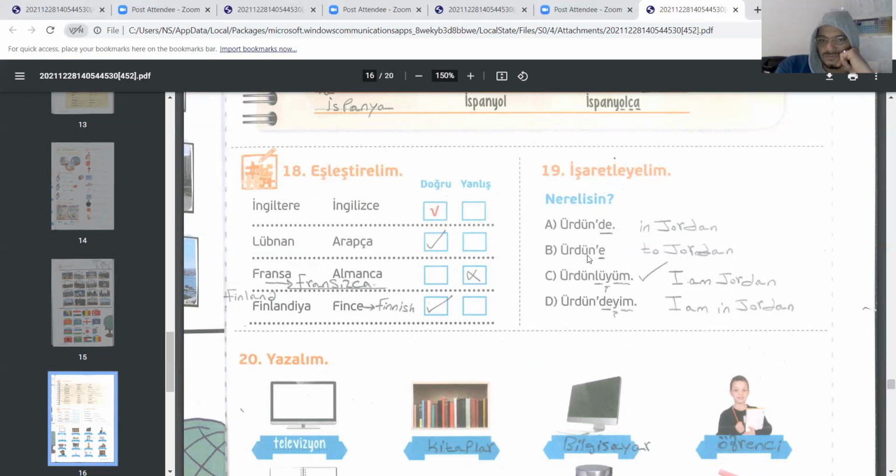Ürdün'de, in Jordan, Ürdün'e, to Jordan, Ürdünlüyüm, I'm Jordanian. Ürdün'deyim, I'm in Jordan. Here the situation is different and it's not easy.